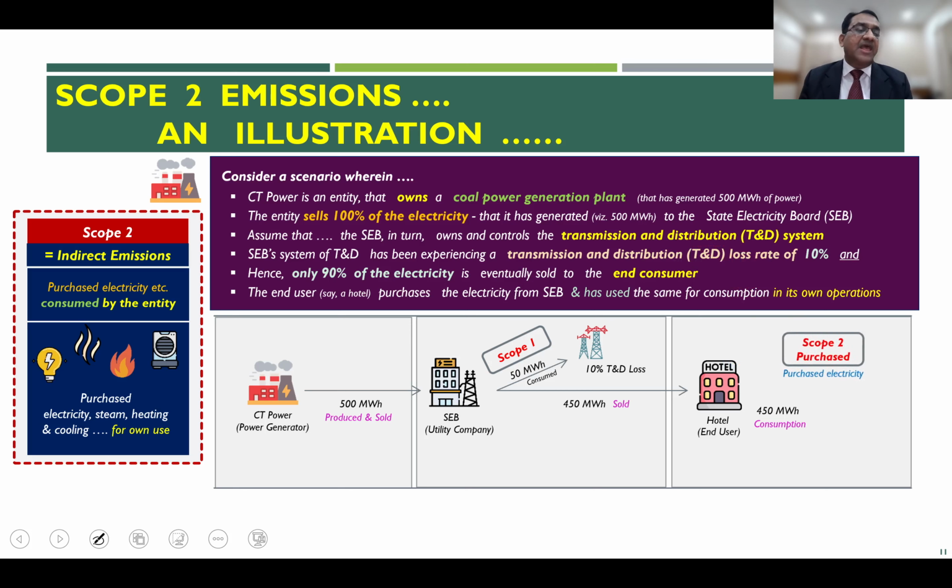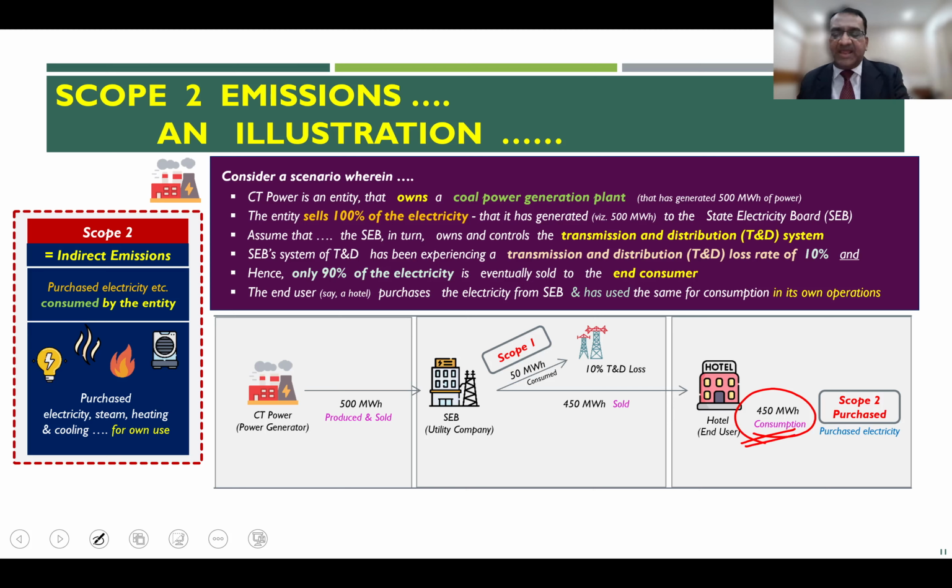But when it comes to the hotel, the 450 megawatt of power, the associated emission, we are only using the power here; the emission will be calculated separately, which we will explain in a separate video.